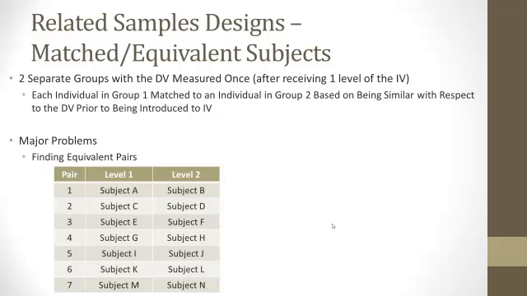Now, one of the major problems with this design is trying to find those equivalent pairs, and not only trying to find people who are equivalent, but also trying to determine the proper criteria for equivalence. So you have to really know pretty much everything that can have an impact on differences in the dependent variable, and then match them based on those criteria.